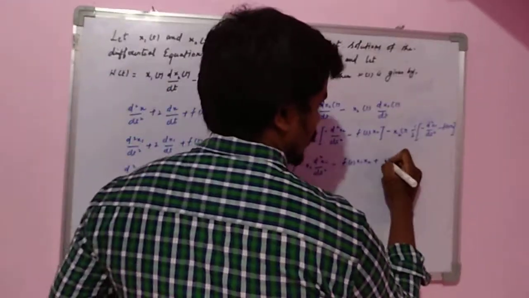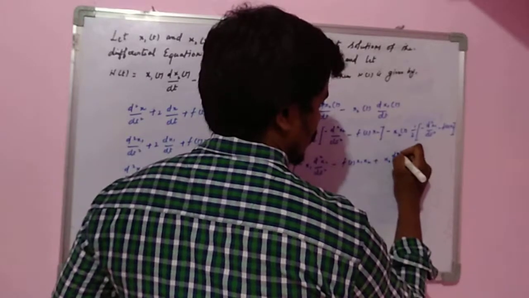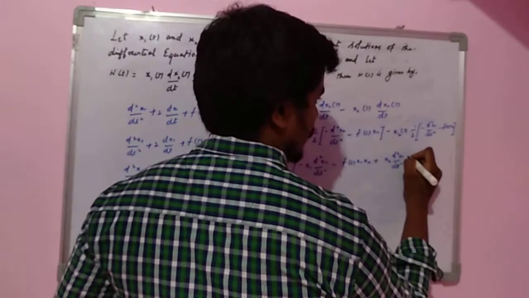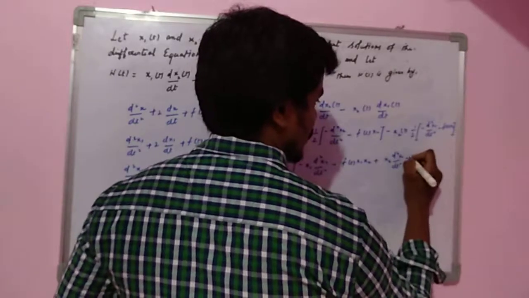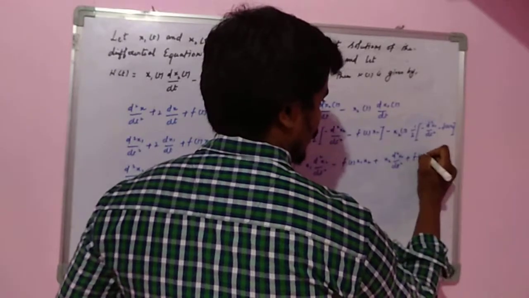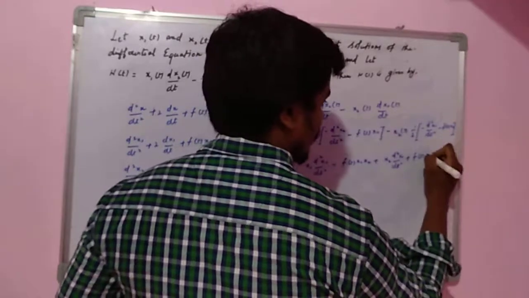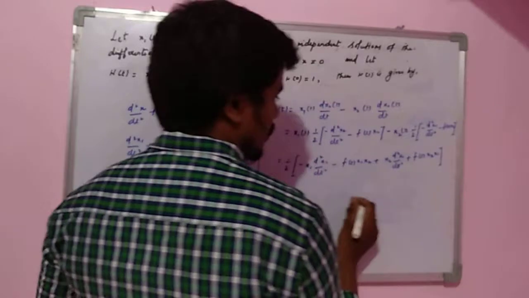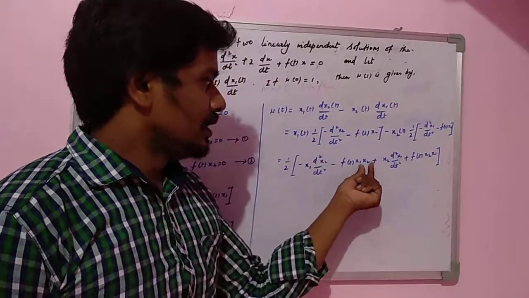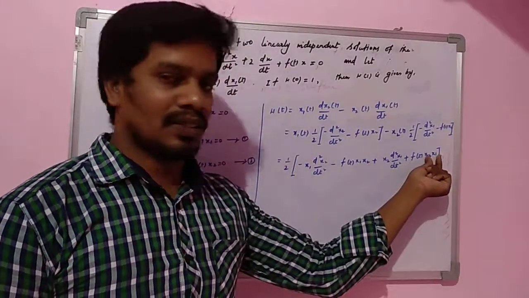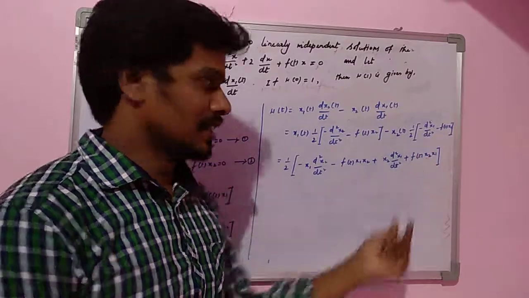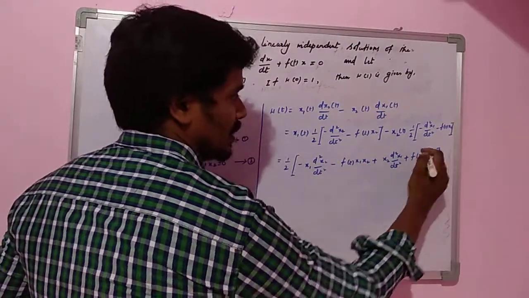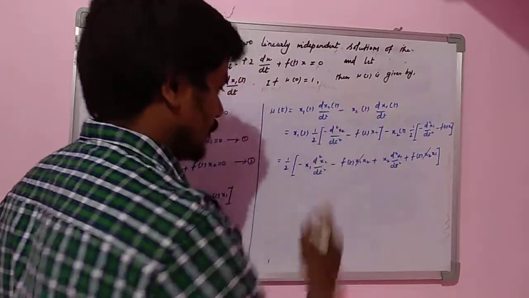So this should be equal to x2 d²x1/dt² plus f(t)x2x1. The terms x1x2 and x2x1 are the same, so this value is equal to this value. With minus here and plus here, you can cancel these two.